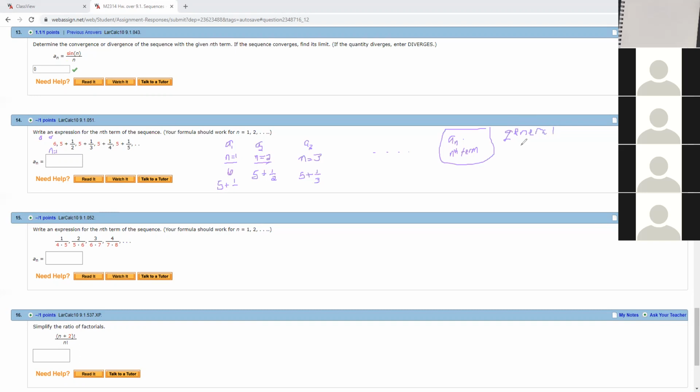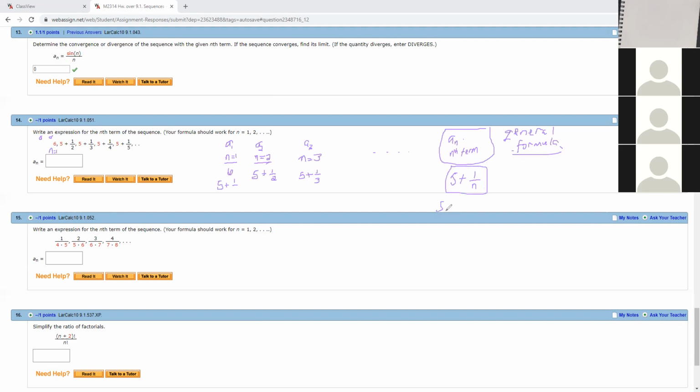And you're right. The general formula is going to be 5 plus 1 over n. Okay, and this is going to be a sub n equals this term right here.